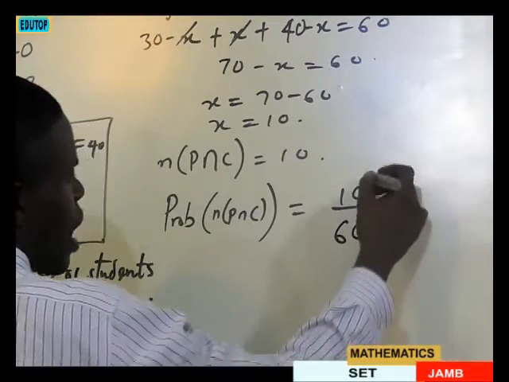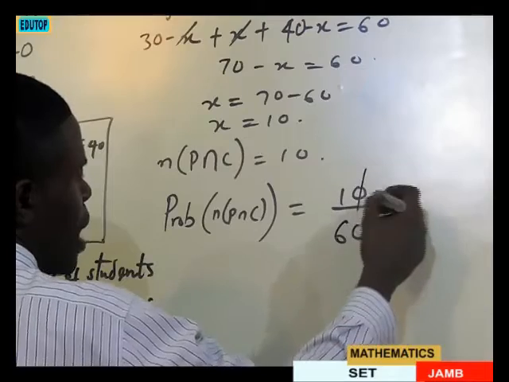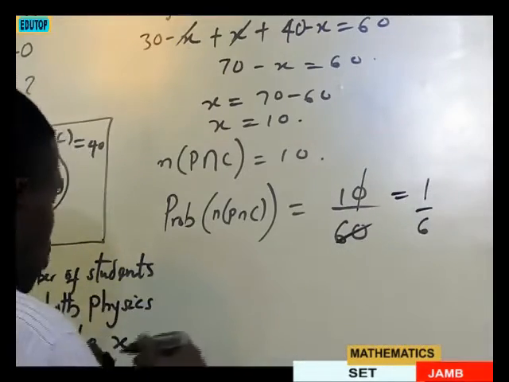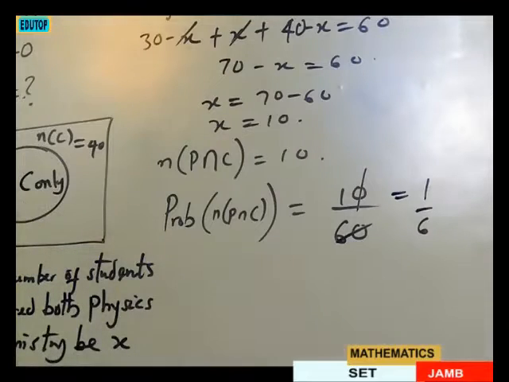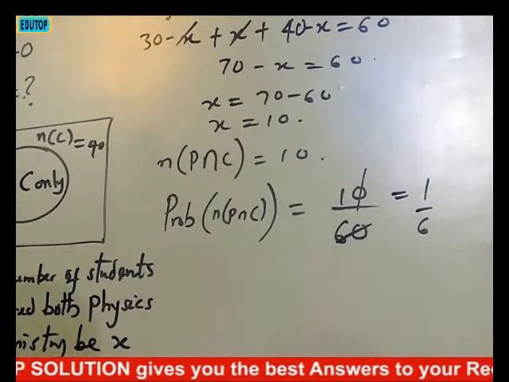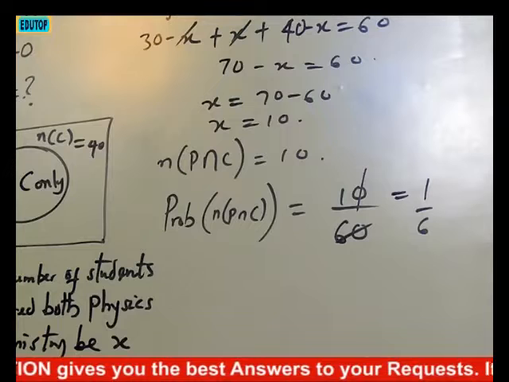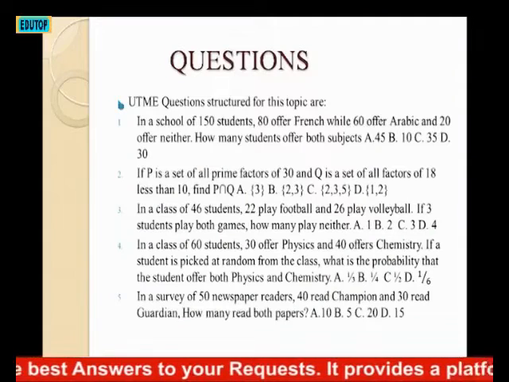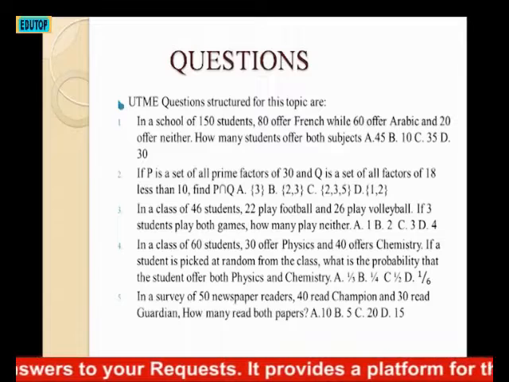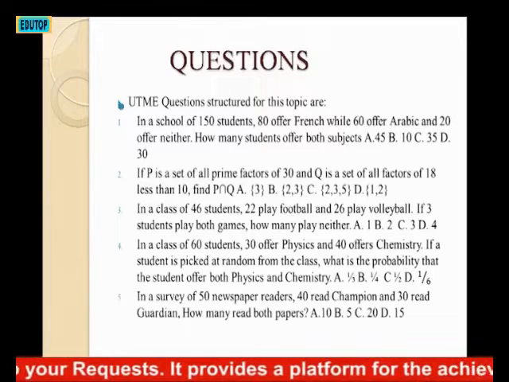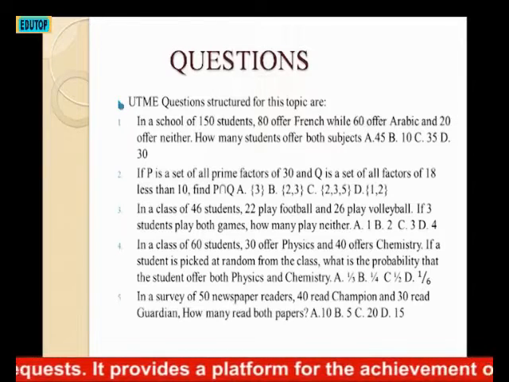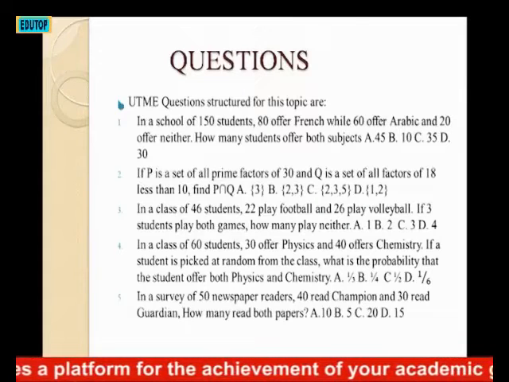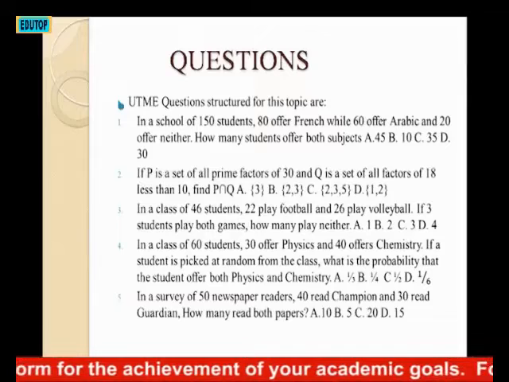So we can divide this by 10, we have 1, and divide this by 10, we have 6. So the answer will definitely be 1 over 6. So we go to our options and pick the option that correlates with that answer, and that is option D, 1 over 6.